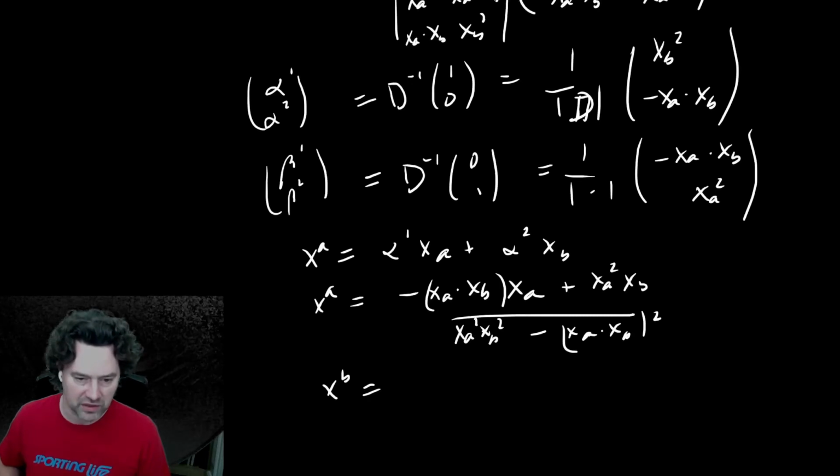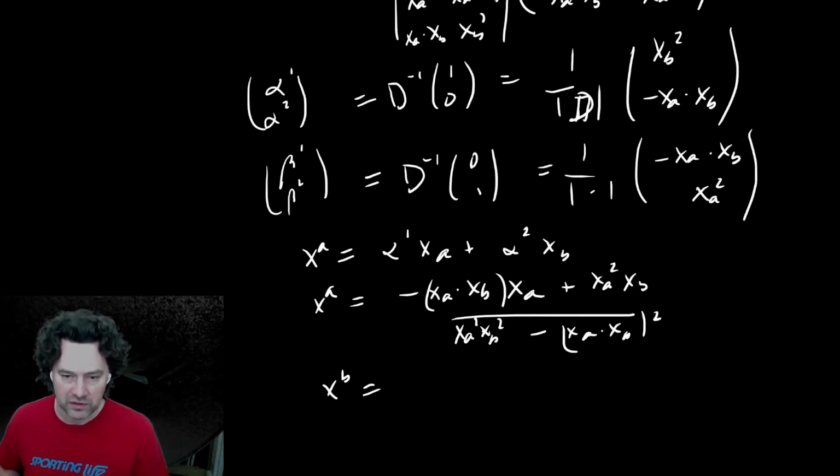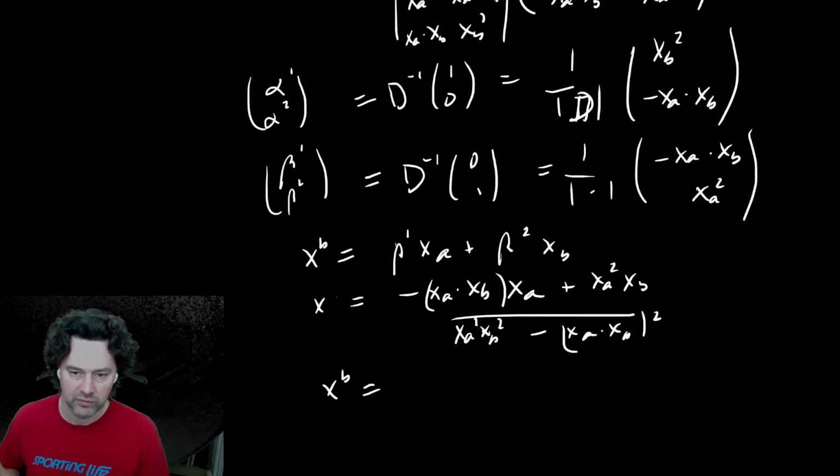Oh, and I mixed this up. I just read off these coordinates here, so that was our xb, beta, xb.